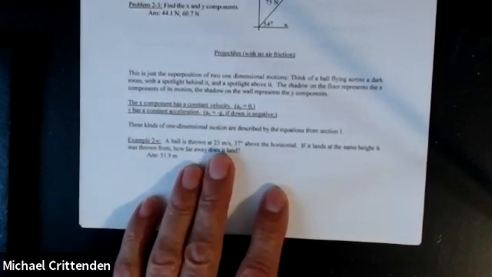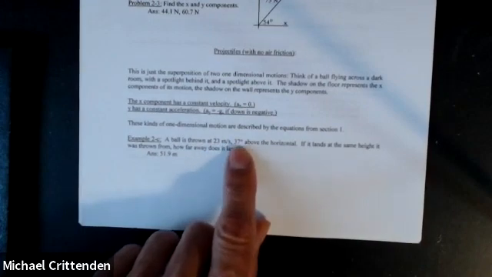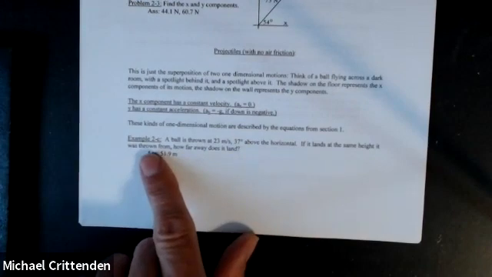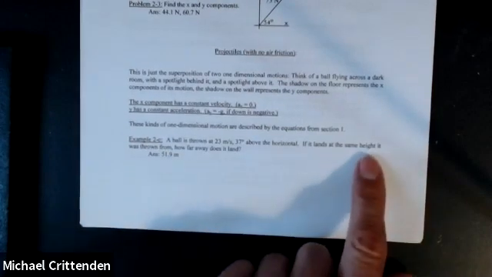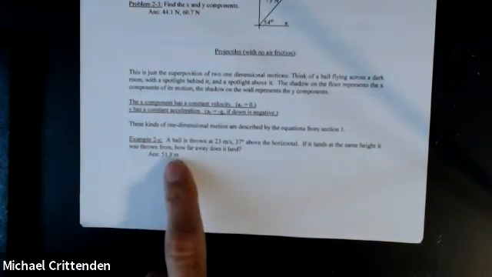So you've got a baseball or a tennis ball or something like that. You hit the tennis ball with your racket, and this is the speed that it leaves the racket with, and this is the direction that it's headed at that moment. And apparently the tennis court slopes somewhat uphill, because we're going to say it hits the ground at the same height that it bounced off the racket.